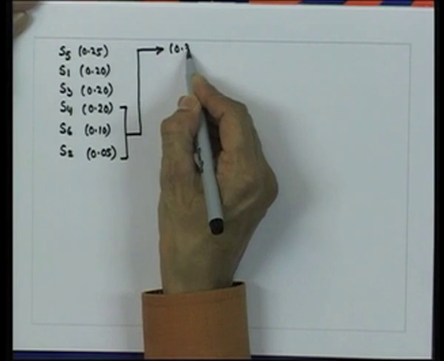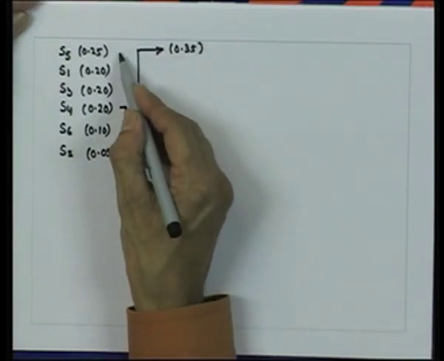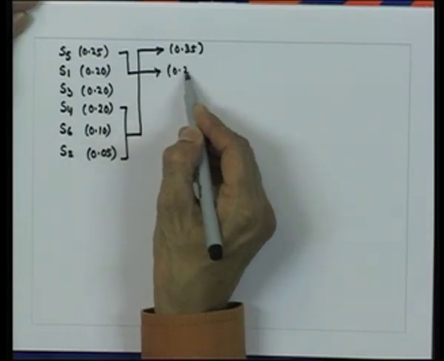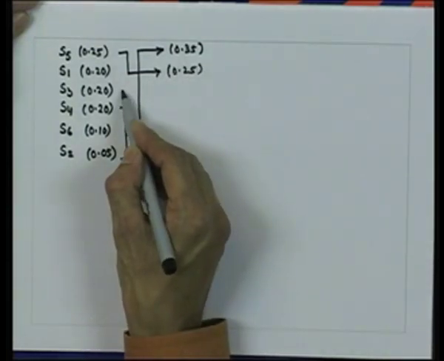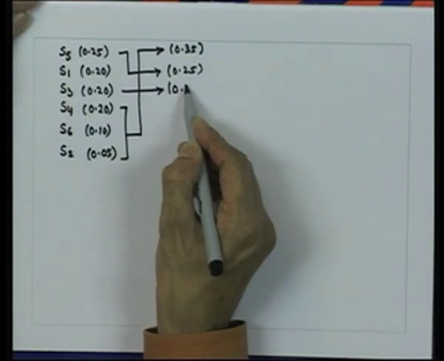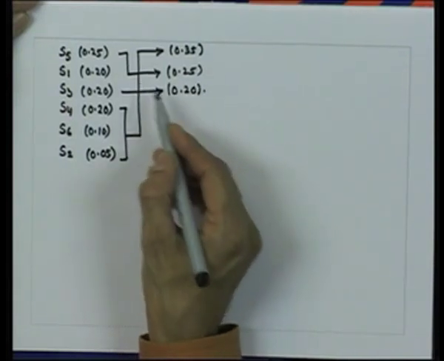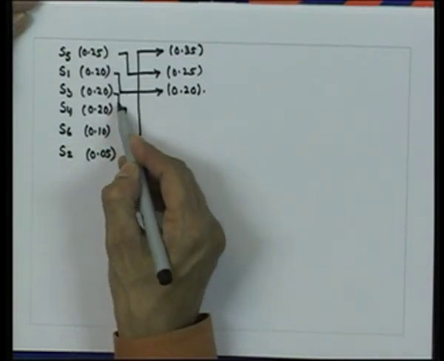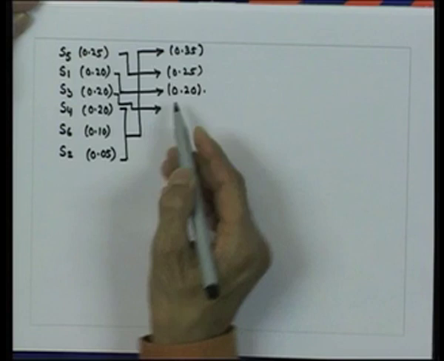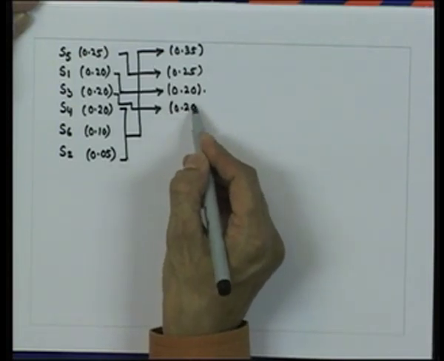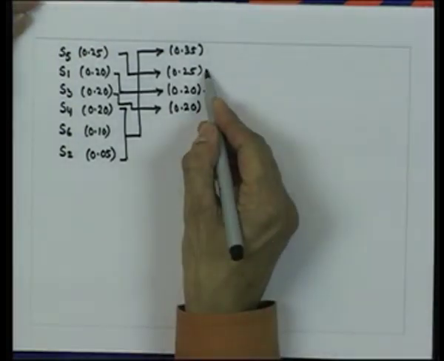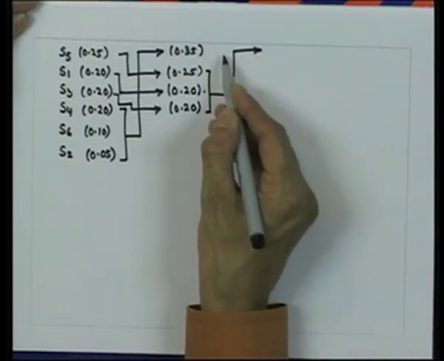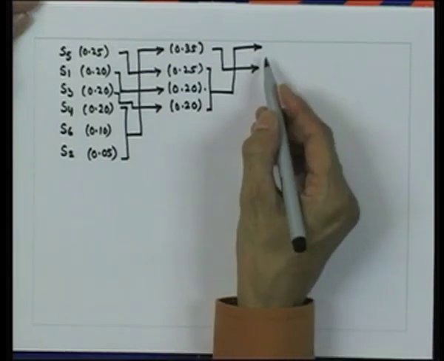So, this is 0.35 and then this would be 0.25 and this would be 0.20.